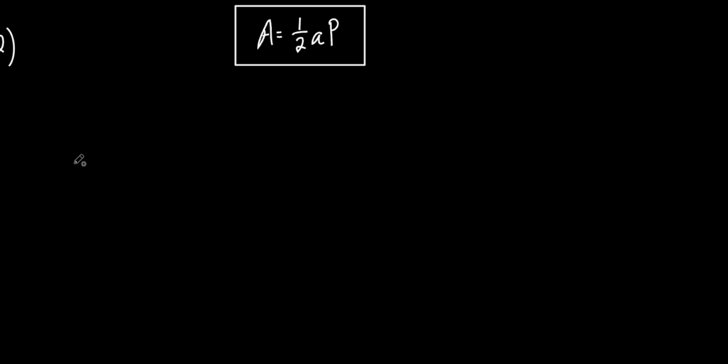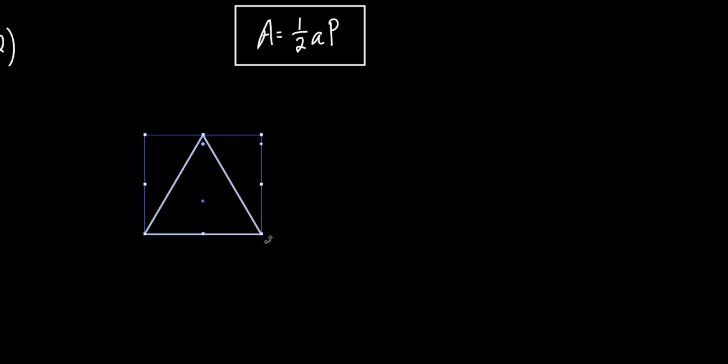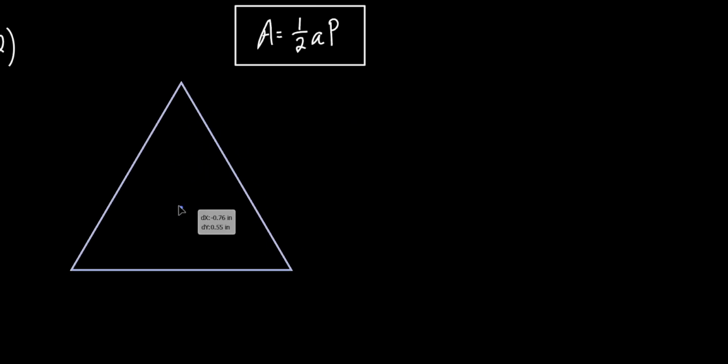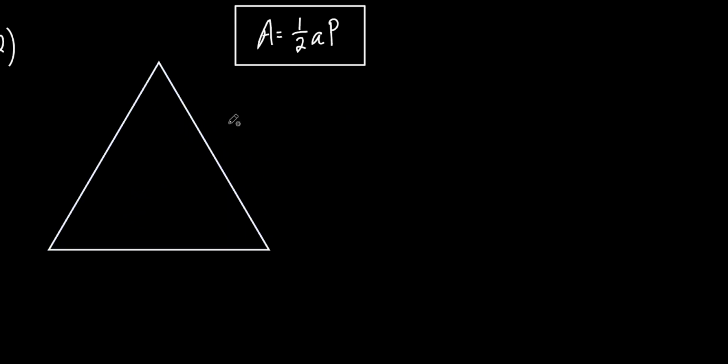And let's do the first one. So, again, I got this thing. Oops, that's not what I wanted. I wanted a polygon. There we go. And let's make this three-sided. There we go. They draw it for you in the book. You don't have to draw it. Here's what they give you.